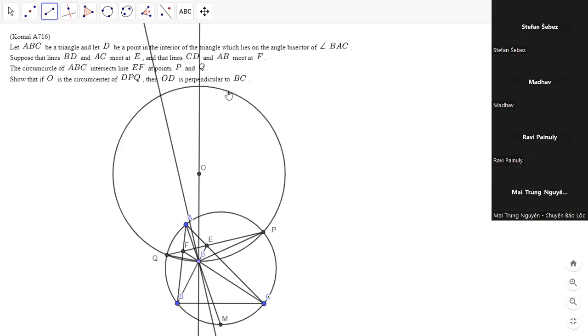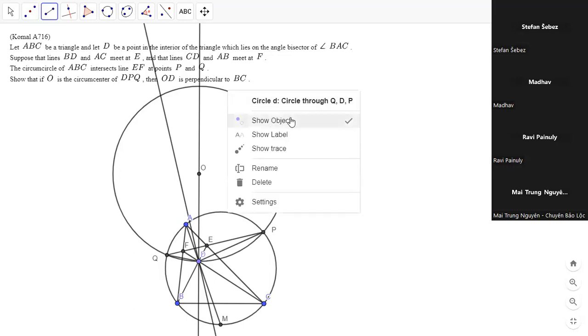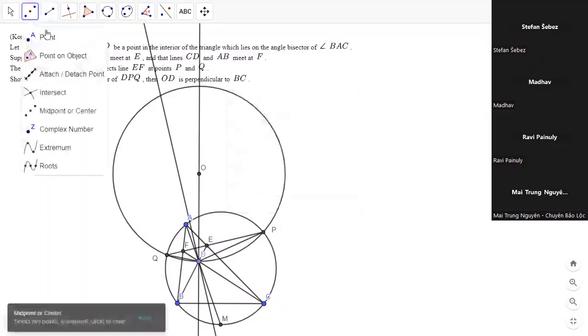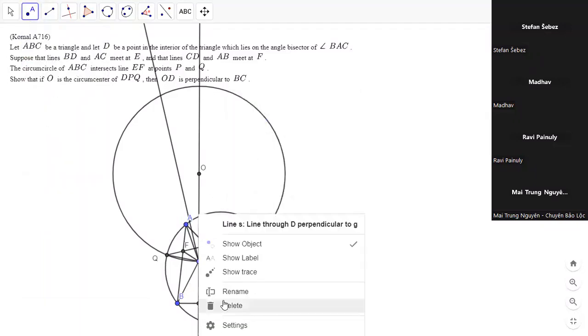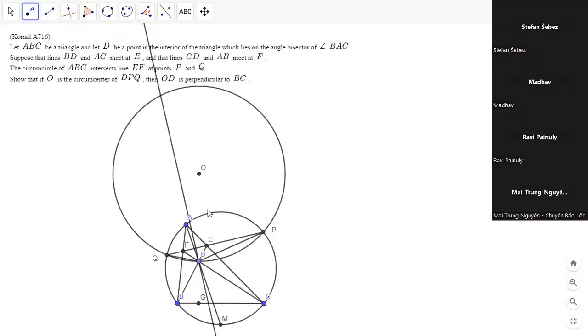So we can hide this circle and make more room if we do that. Let me draw this. And let me draw the foot of the perpendicular here.